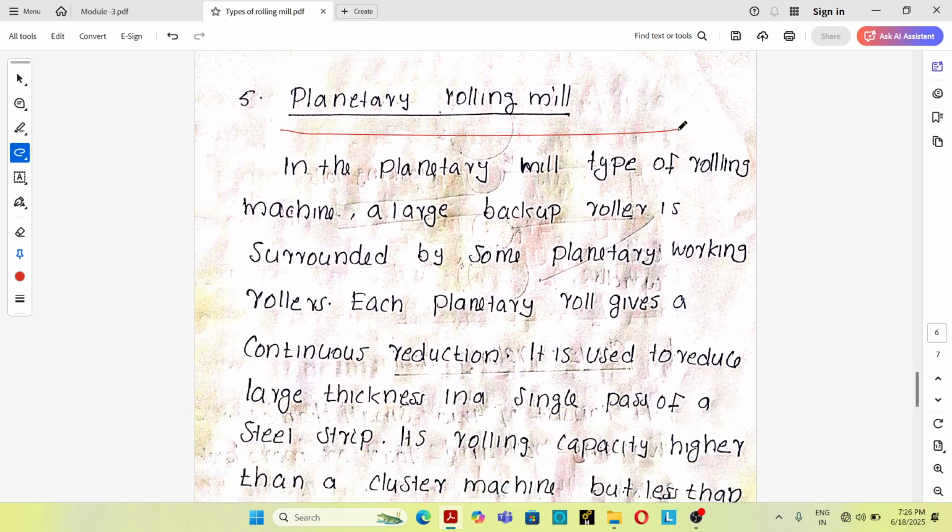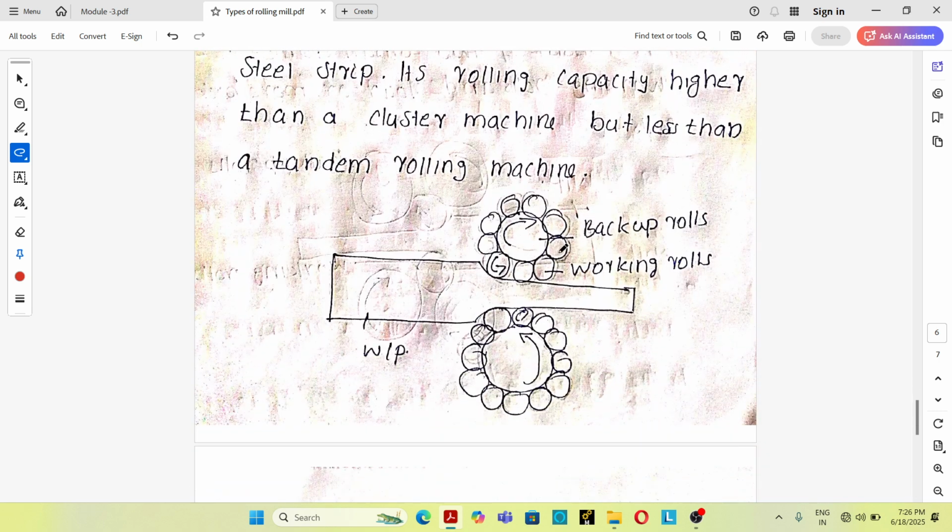And the fifth one is the planetary rolling mill. See, this is the figure of a planetary rolling mill. In a planetary rolling mill, a large backup roller is surrounded by some planetary working rollers.